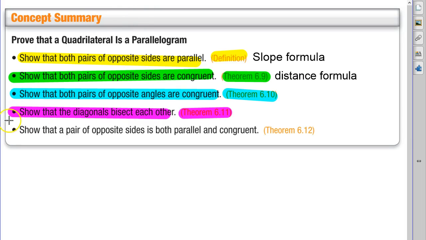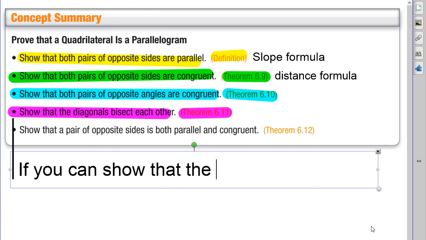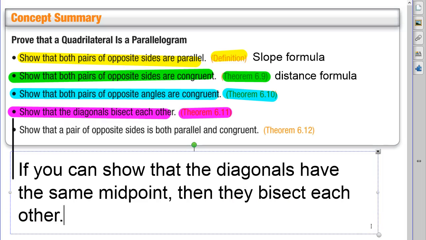Midpoint formula. Because if you can show that the diagonals have the same midpoint, then they bisect each other. So for that one, you'll see us using the midpoint formula.